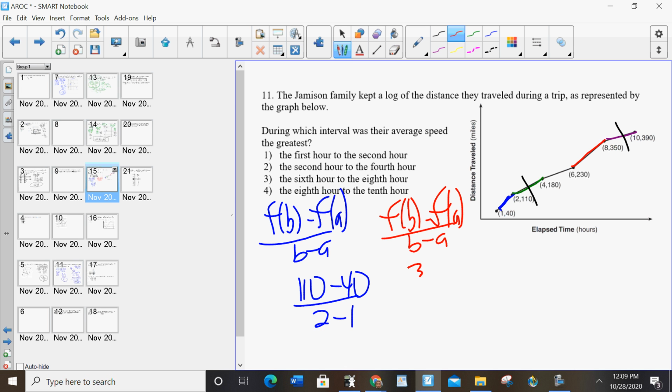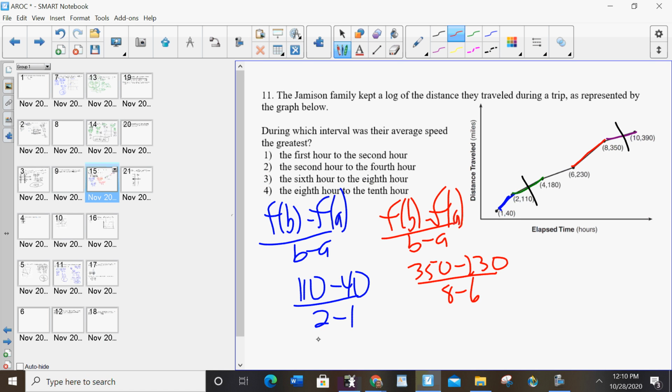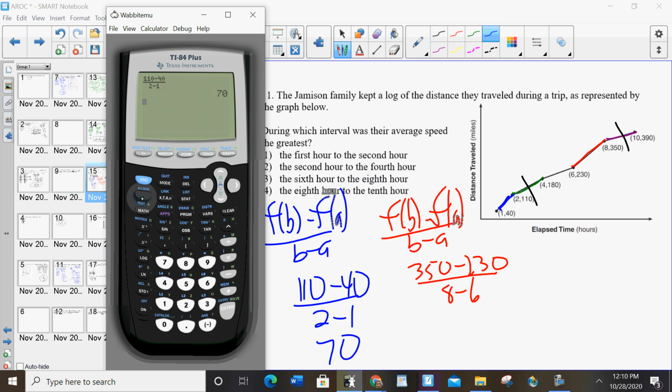That would be 350 minus 230 over 8 minus 6. For the blue, 110 minus 40 over 2 minus 1 is 70. For the red, 350 minus 230 over 8 minus 6 is 60.